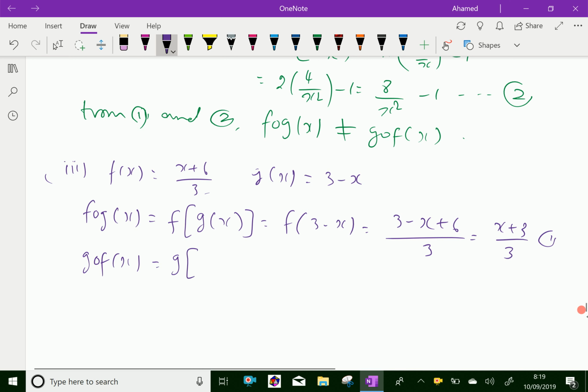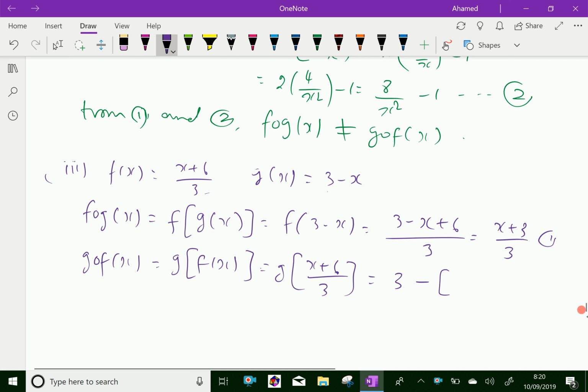Then gof x, g of f of x, therefore which is equal to g of f of x, we have x plus 6 over 3, which is equal to 3 minus x plus 6 over 3, since g of x is 3 minus x.